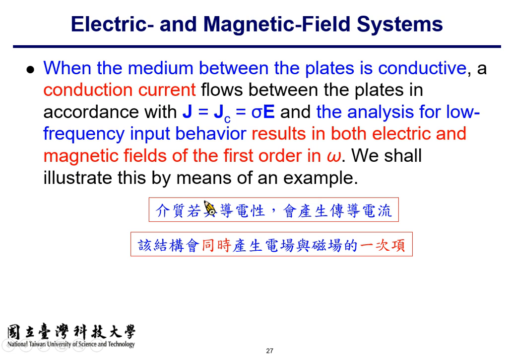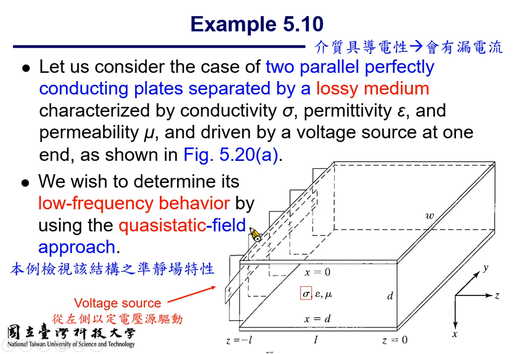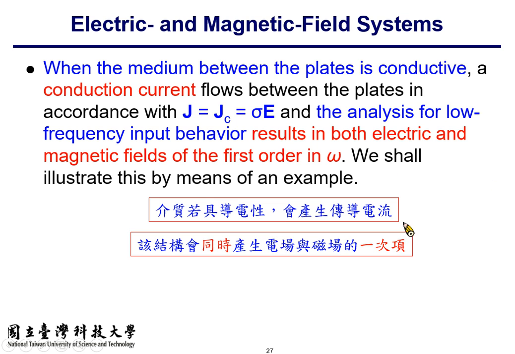Why? Because such a structure will produce electrical field and magnetic field of the first order at the same time.